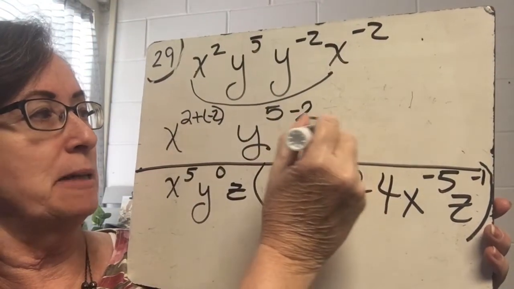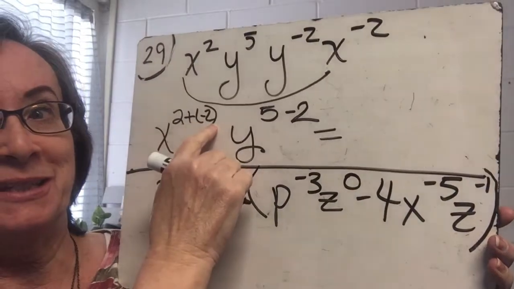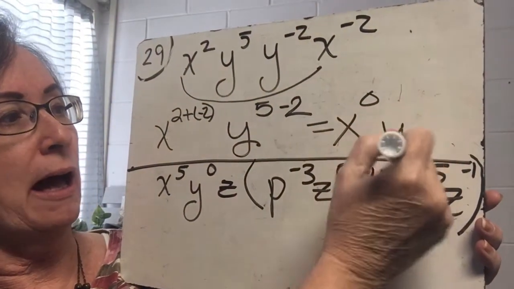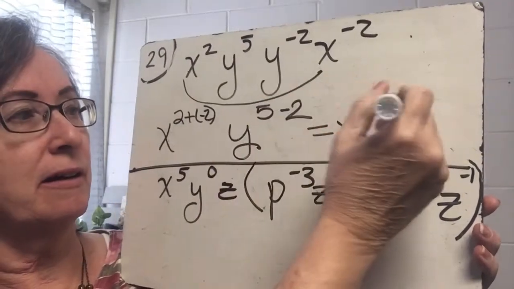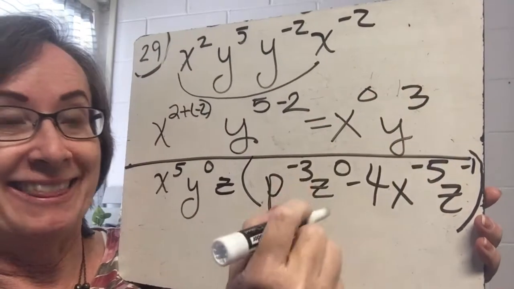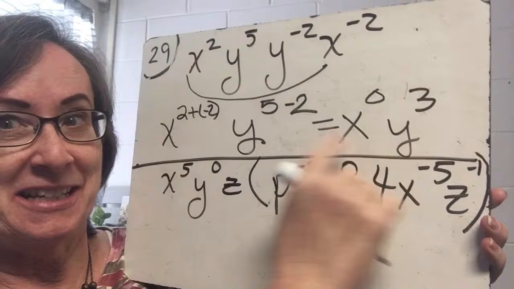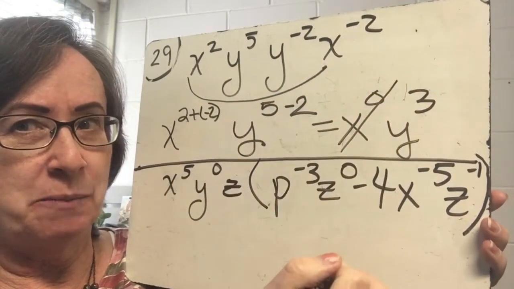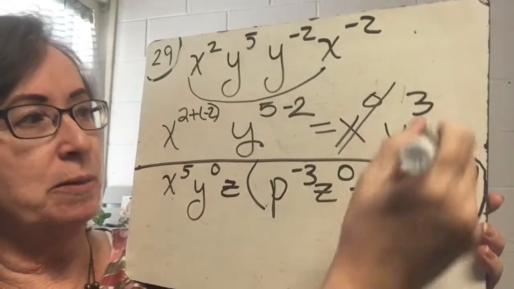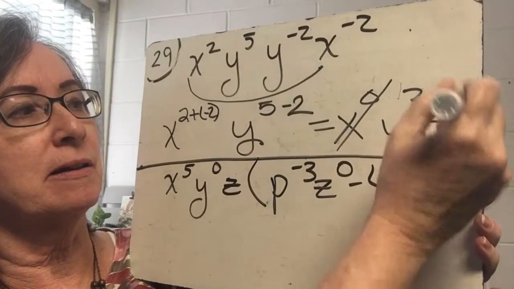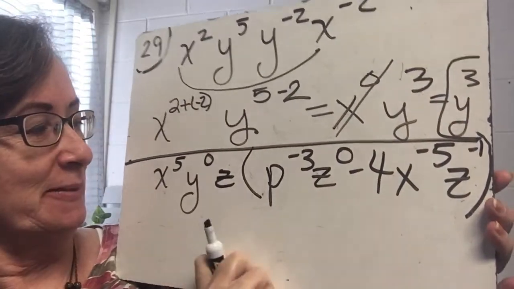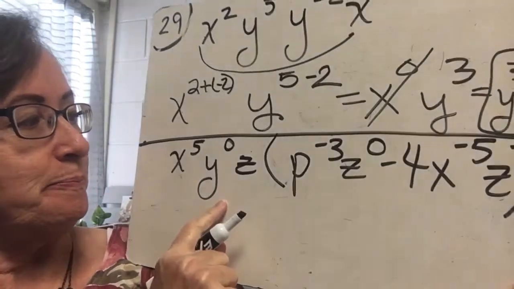So now I simplify those. 2 minus 2 is 0, so I get x to the 0, y to the 3rd, and then the x to the 0 is 1. So I can just cancel it out. I don't need to put 1 y cubed. It's just y cubed. That is the answer.